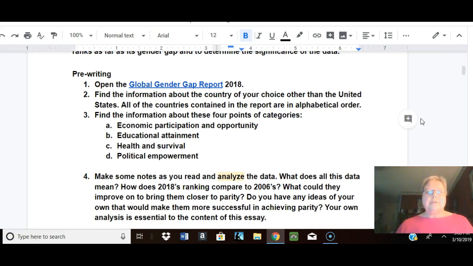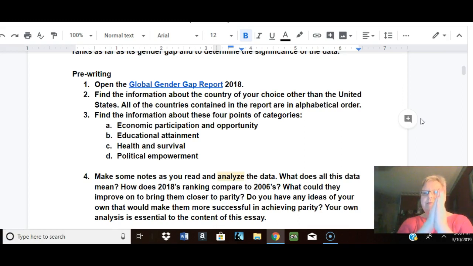And so the gender gap is, since this is set up in binary gender, male and female, how far apart they are from being in equality, or parity, as they call it.